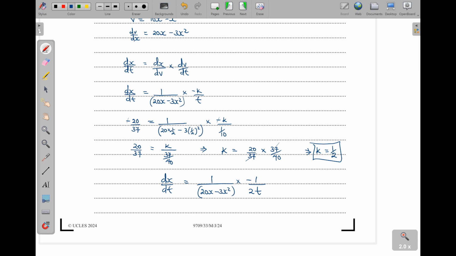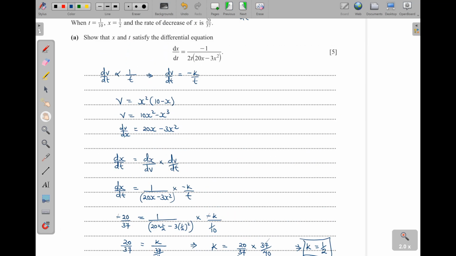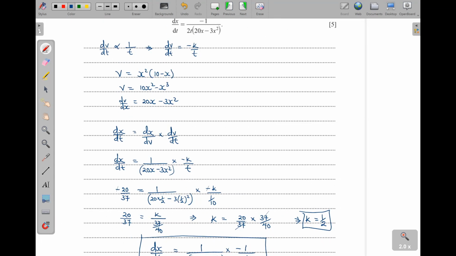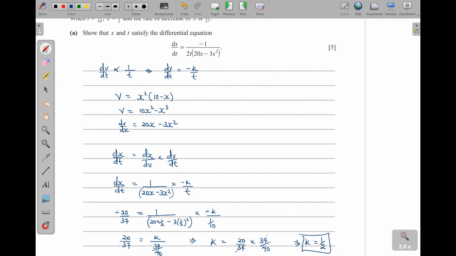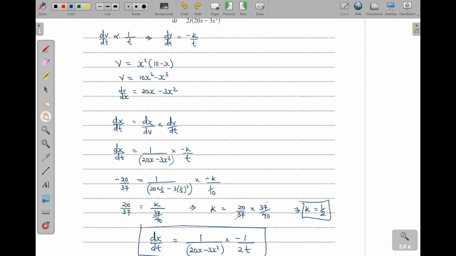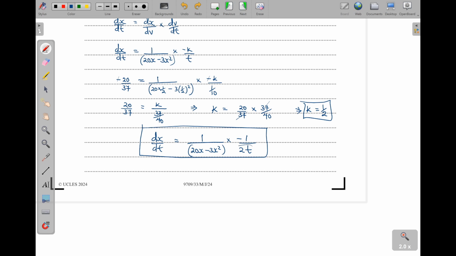So it will be that here. Actually, it is the same as what they have told us to show. Do you see this one here? Negative 1, then 2t here. It is exactly this one that we are having here. 2t times whatever is here, then 1 times the negative 1. So we already have the answer.